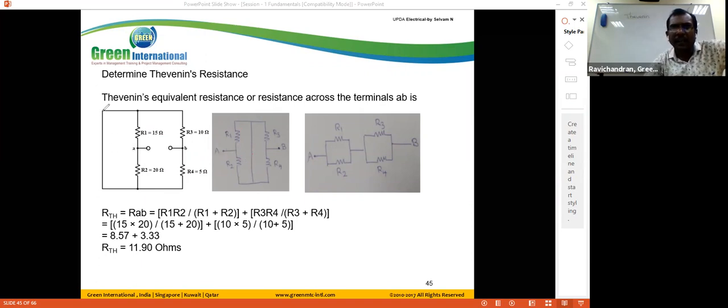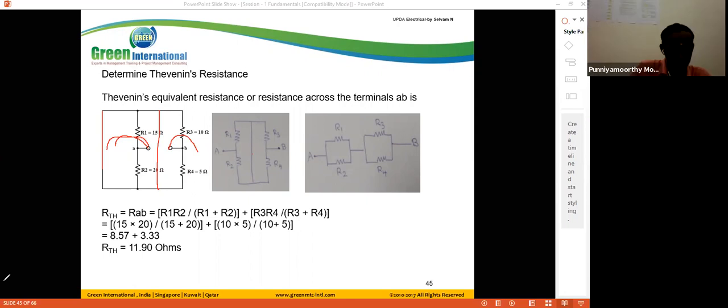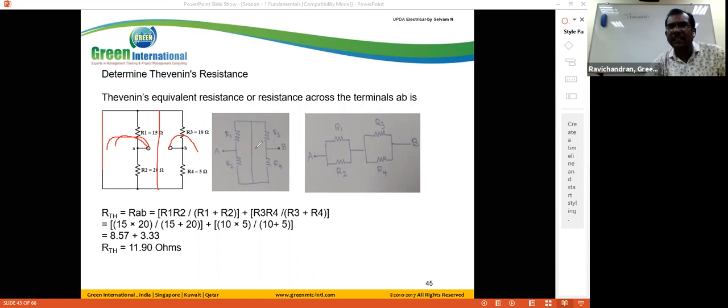That is, this line I put here, and I pull this point in this direction and pull this point in this direction. So the circuit becomes like this. Okay? Now, for better understanding, you convert this circuit to this circuit.